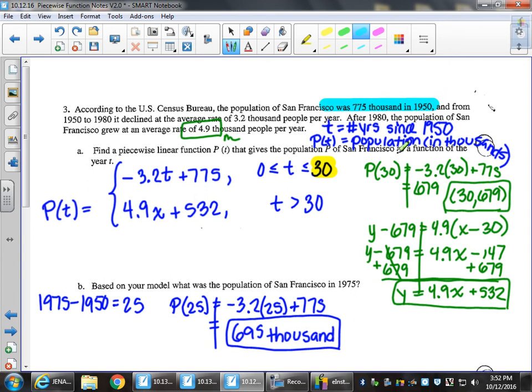To figure this out, we also, again, just need to reason. Now, from years 0 to 30, the population was declining. So do not be tempted when you see 775 and 775. No. We're saying that initially, in 1950, this was the initial population.